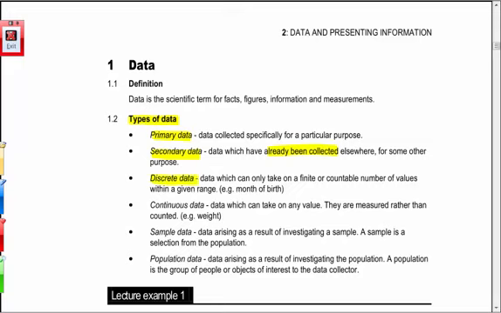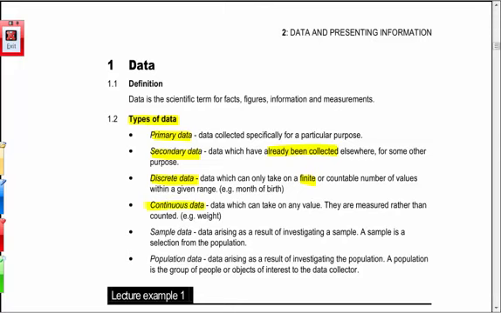More terminology then with discrete data. Discrete data then only has a finite number of values. So, for example, with your month of birth, there are only 12 possible answers that could be given regardless of the size of the population.